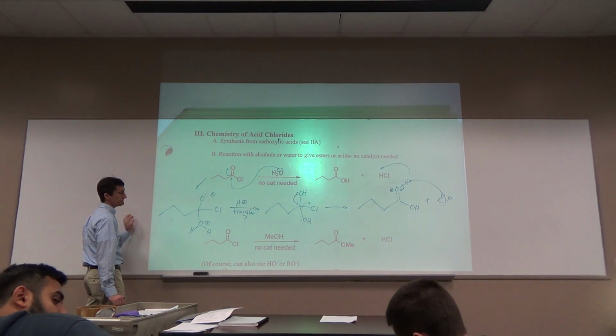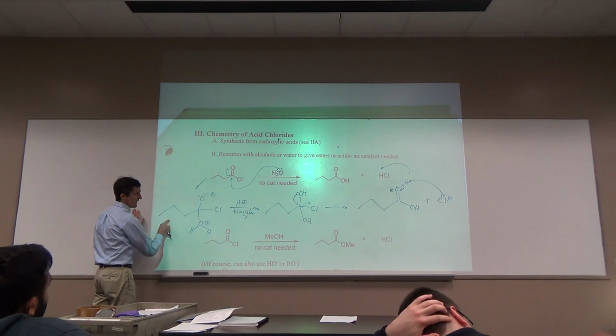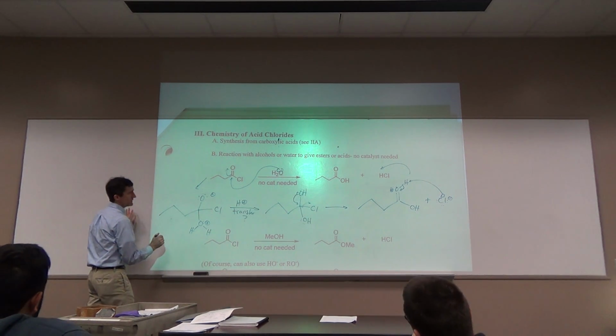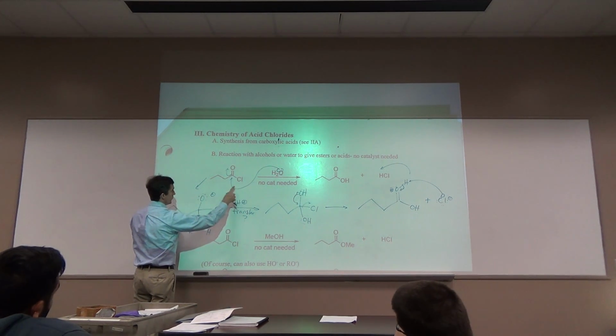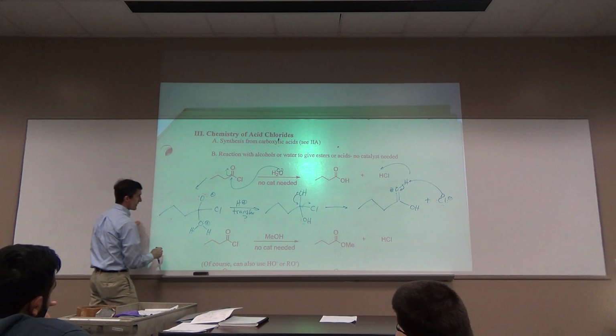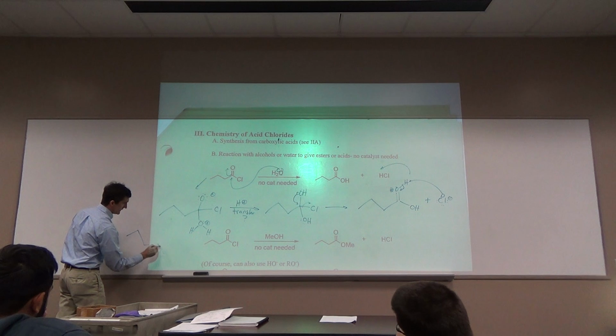I'm not actually showing a mechanism of this proton. We can go from here to here if you want. Another way to do it, H plus. We got water. We can show another molecule maybe.